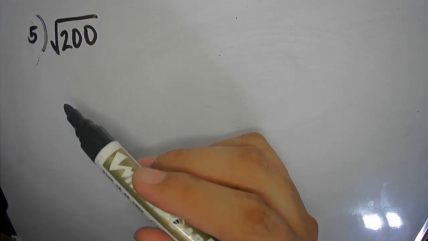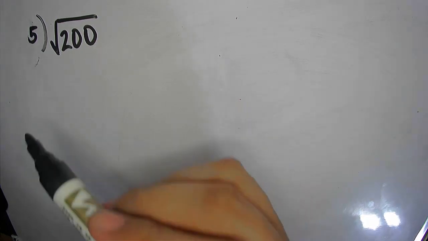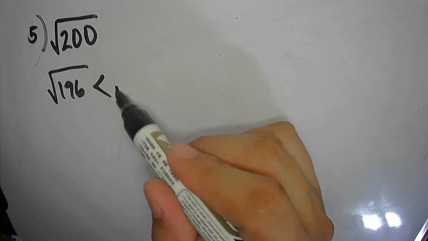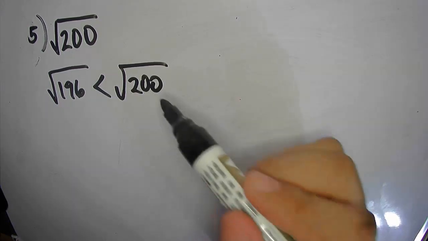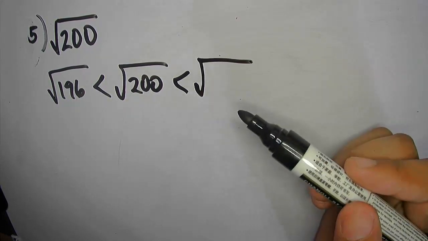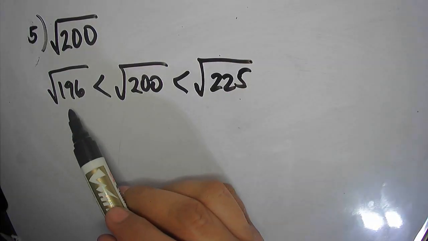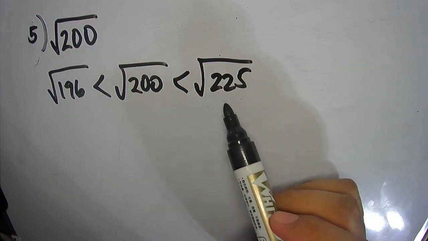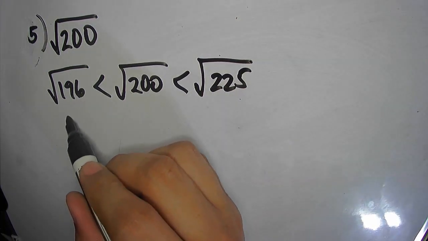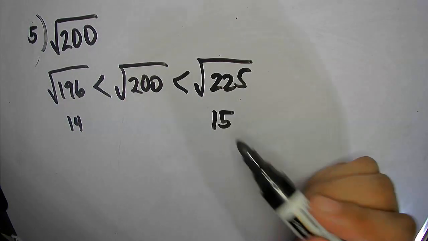So, ibig sabihin nito, makikita natin siya sa square root of 196 which is lesser than square root of 200, but square root of 200 is lesser than 225. Okay? Note that 196 at yung 225 is a perfect squares. So, kasi ang 196 galing siya sa 14 times 14. At 225 galing yan sa 15 times 15.